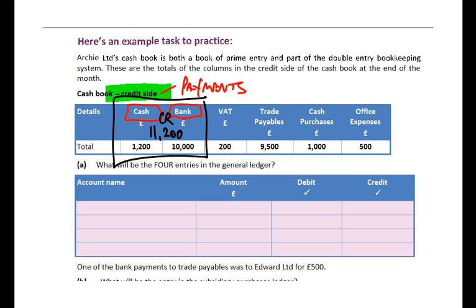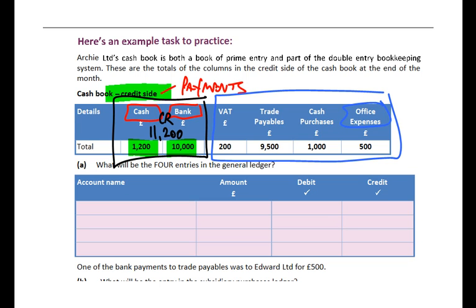We've then got the various analysis columns, and the analysis columns are really just breaking down what those payments relate to. So you can see, for instance, some of it relates to some office expenses that we've incurred. Now, what you should find is that the total of the credits to both cash and bank, which we've already worked out, is 11,200.